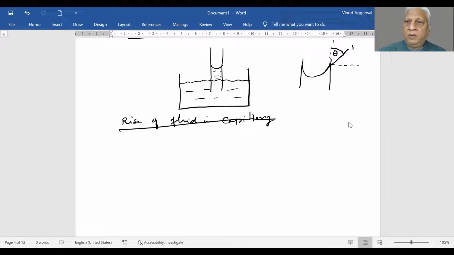The meniscus creates a force in this direction, which we can resolve into F sine theta and F cos theta. This, because of symmetry, will get cancelled with the counter point on the opposite side. So what you will get is a net force, this one.